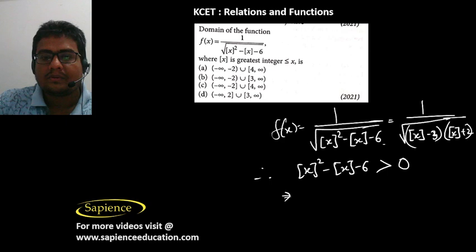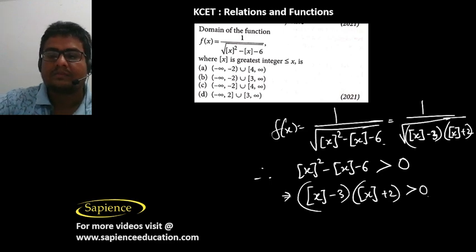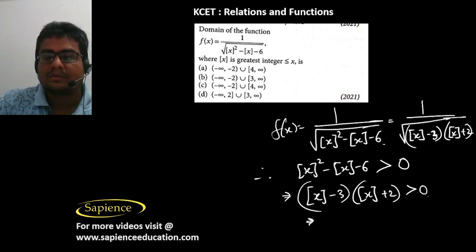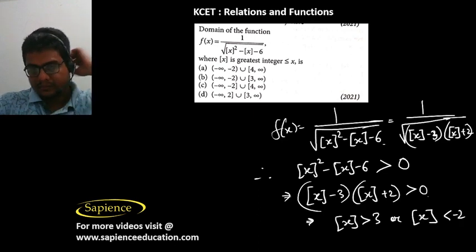Okay, so therefore this can be written as (bracket x minus 3) into (bracket x plus 2), that should be greater than 0. Therefore bracket x should be either greater than 3 or bracket x should be less than minus 2.